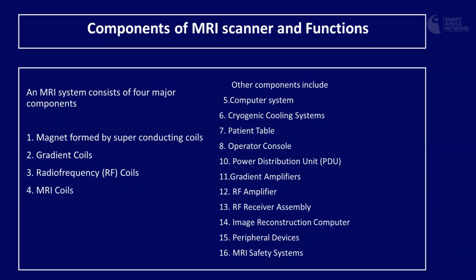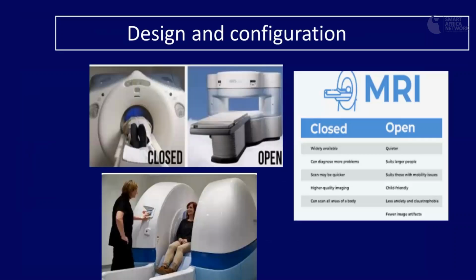But of course, there are so many other components, which include the computer system, the cryogenic cooling system, the patient table, the operator console, the power distributing unit, gradient amplifiers, radio frequency amplifiers, radio frequency receiver assembly, image construction computer, and other peripheral devices and safety systems.